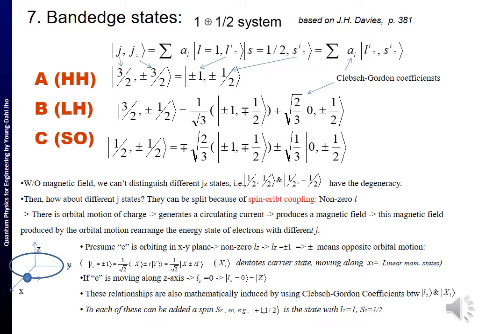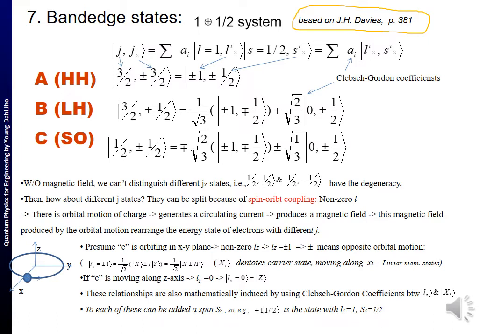The related problem is the band-edge state of a semiconductor in terms of this 1 plus 1/2 system. This is taken from J.H. Davies, which is a good textbook for semiconductor research. On page 381, you get those values for the J, Jz combinations.